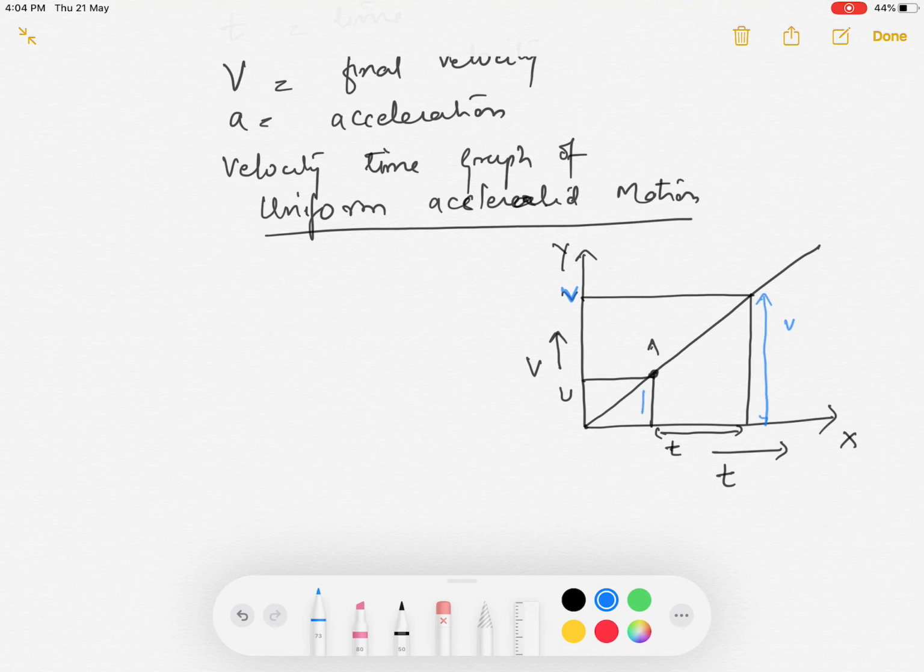The whole thing is v here, this much is u, and this much is time t. So this is clear to you. The graph should be very clear to you that u is the initial velocity. Let A be the point where initial velocity is u, and after time t, B is the point where final velocity is v.